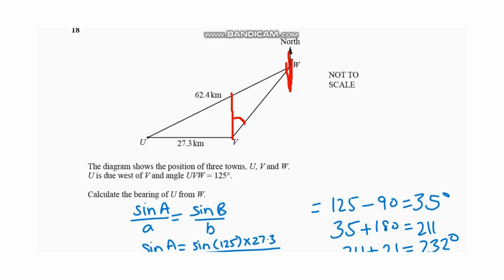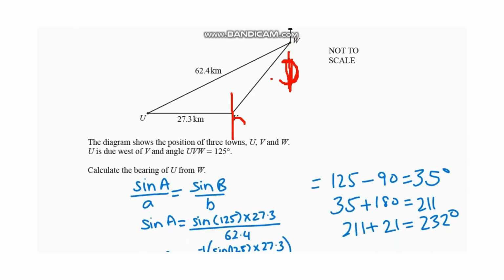So we have calculated this angle now, the total bearing from here. Then we will add 21 degrees, which we have calculated over here. So we will add 21 into 180 plus the bearing of V, which is 25 plus 180 plus 21, which will be 232 degrees.